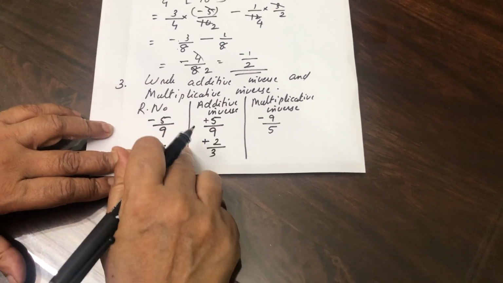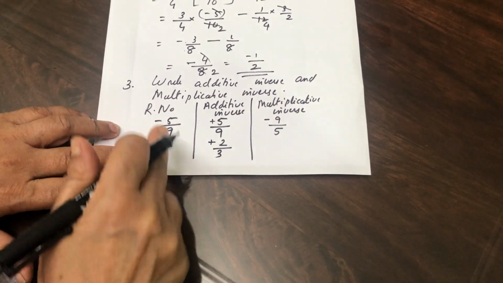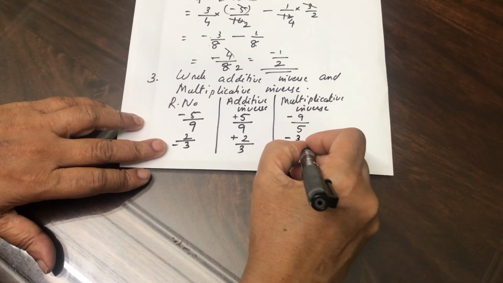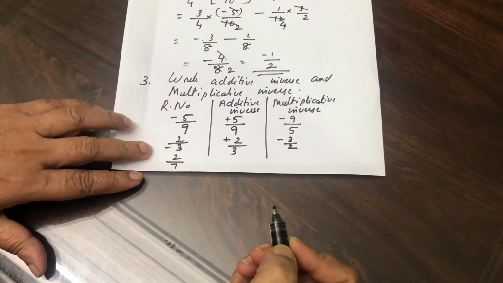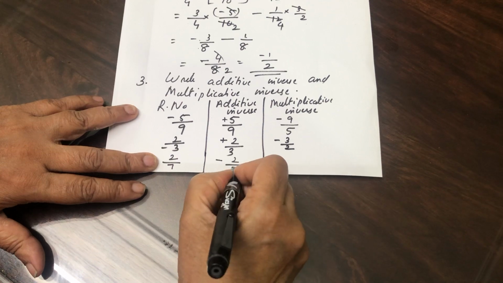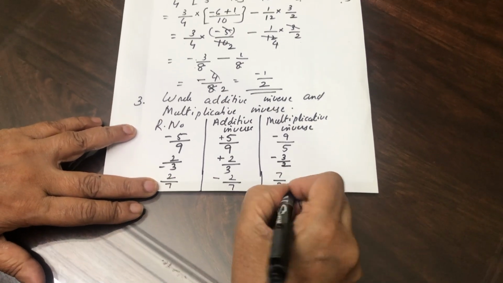When you add these two, you get 0. Multiplicative inverse means the reciprocal of this one. It is minus 3 by 2. One more, 2 by 7. Additive inverse, minus 2 by 7. Multiplicative inverse, the reciprocal 7 by 2.